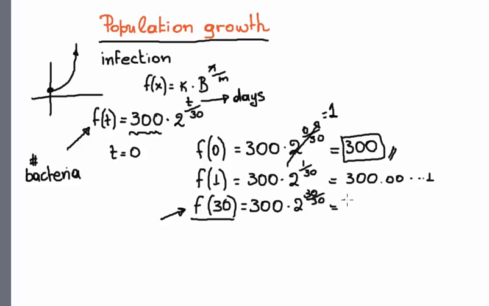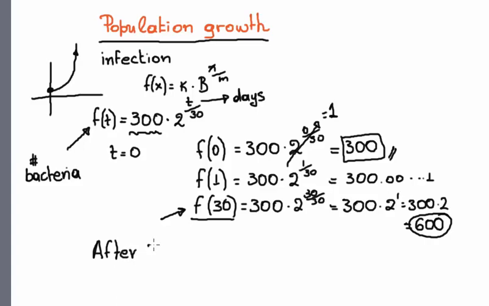This is equal to 300 times 2 to the first, which is 300 times 2, that is 600. So after 30 days, the number of bacteria in the specific organism would have doubled, from 300 at the beginning to 600.